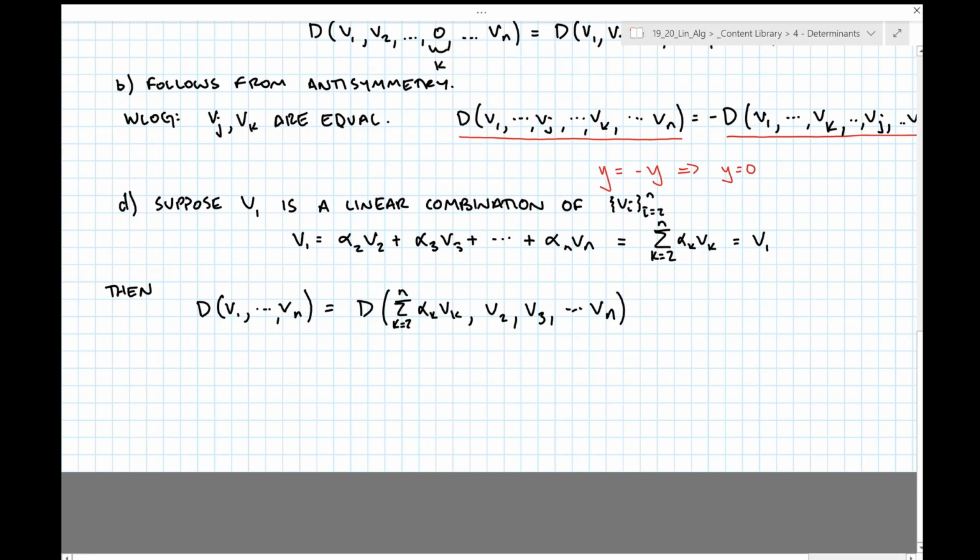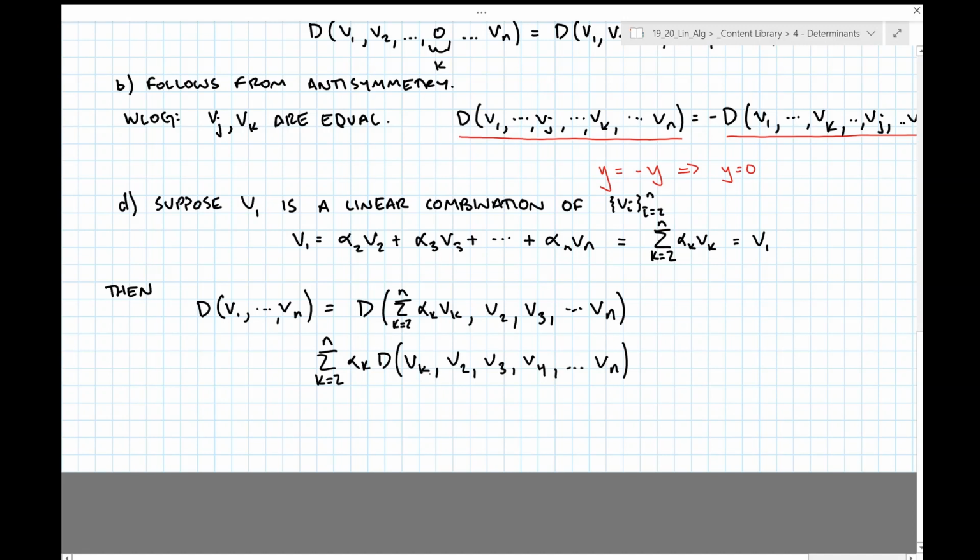By linearity, I can pull out the sum and the alpha k, and what I'm left with is the determinant with Vk going into the first spot, then V2, V3, V4, all the way to Vn.